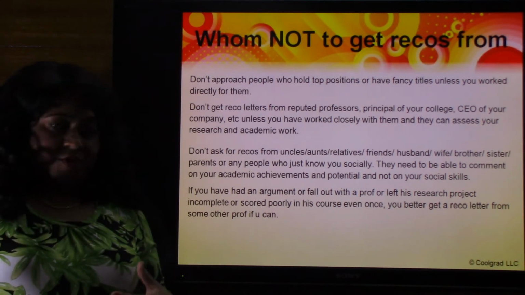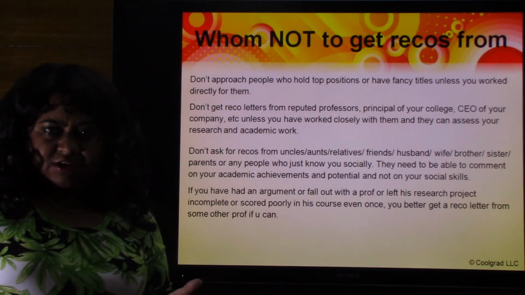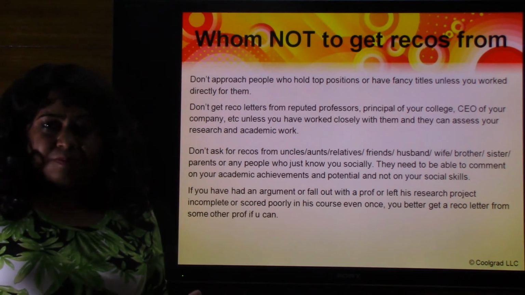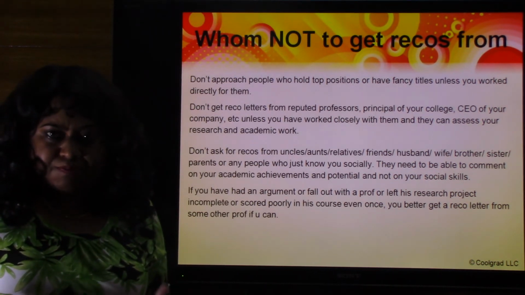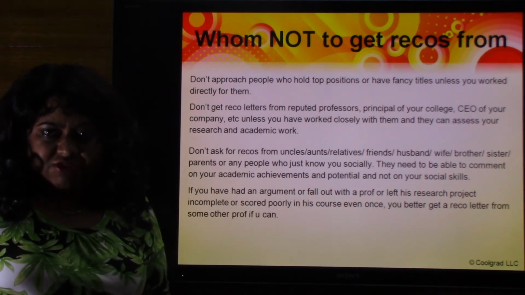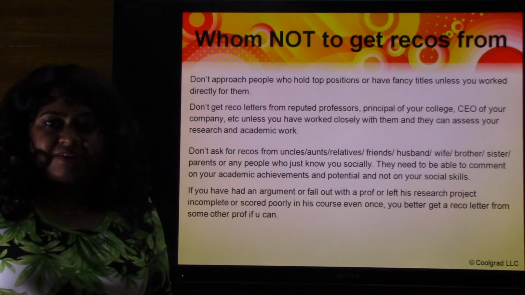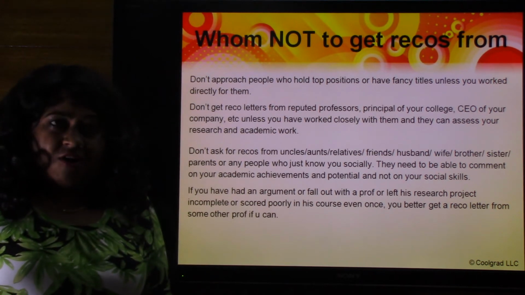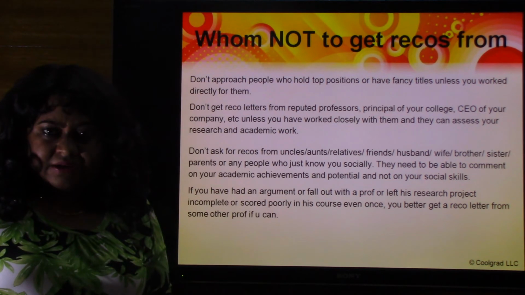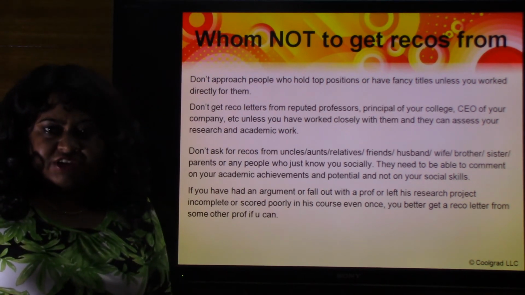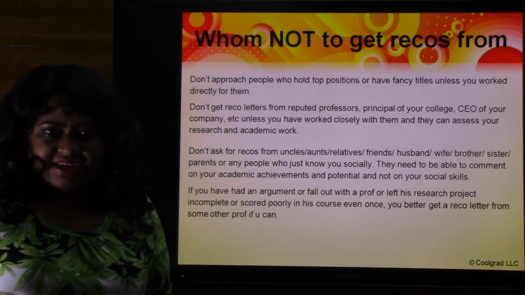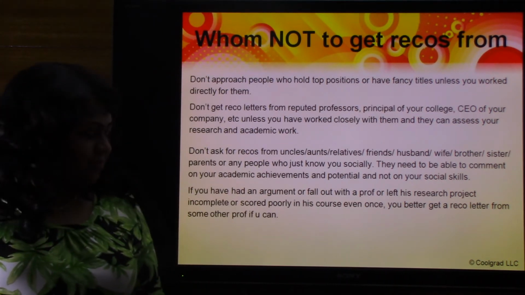Or if you've failed in a particular course under a professor, or if you've scored poorly even once, or you got caught cheating even once, please don't get recommendation letters from such people. Because in the first place, they're probably not going to give you a recommendation letter. And if they do give you one, they might give you a lukewarm recommendation letter. Or, just to save face, they might give you a really nice recommendation letter. But if they know someone at the university, or if the university calls them up, they're going to say bad things about you in all probability. So keep that in mind.